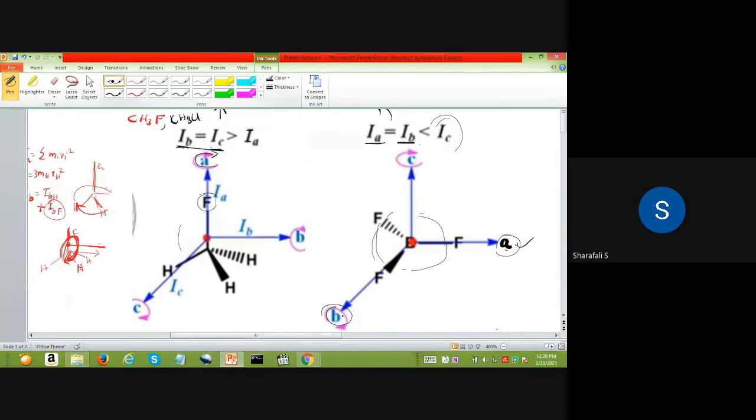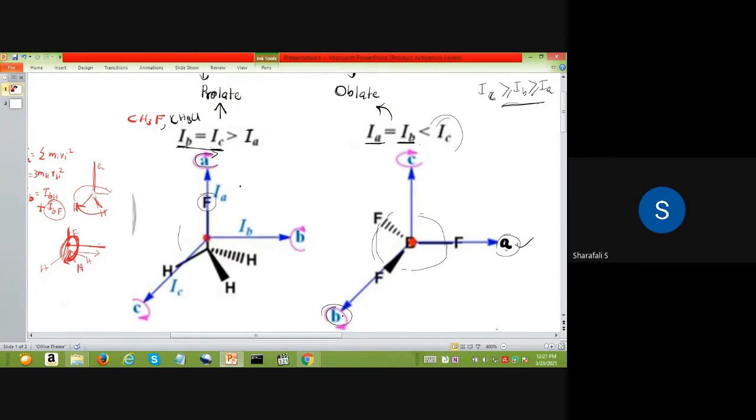So the structure will come in a different fashion. IA will be equal to IB and IC is greater than IA, that is for the prolate case, and in the case of oblate we have IA equal to IB and IC is large.